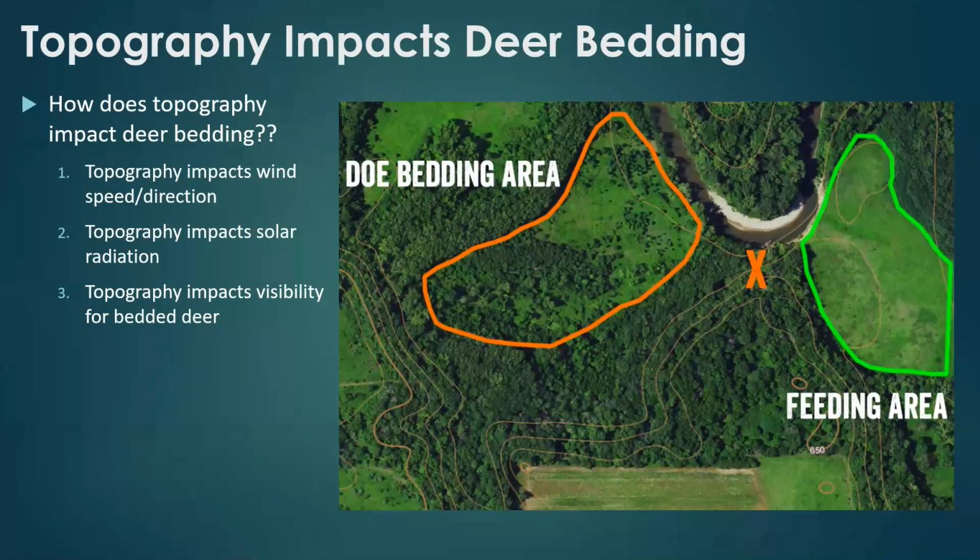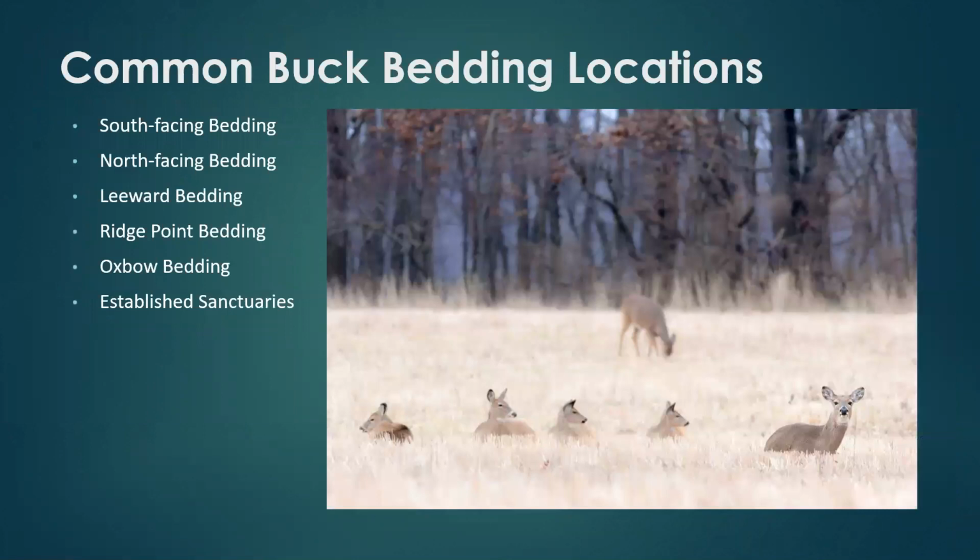So really the prime is probably what's comfortable to us, or even a little colder, because once deer start getting cold, that increases their urgency to feed, because they've got to put on that fat to make it through the winter.